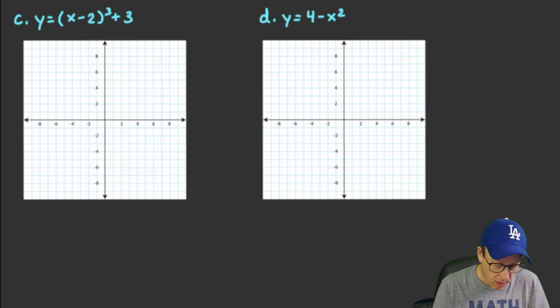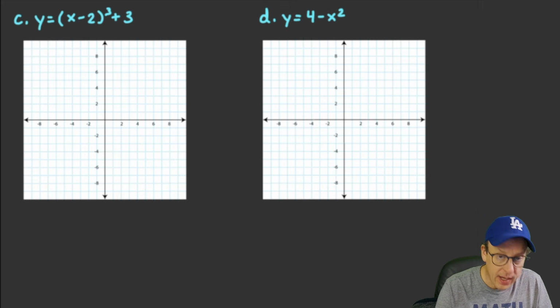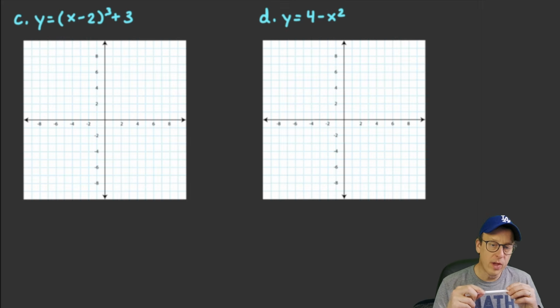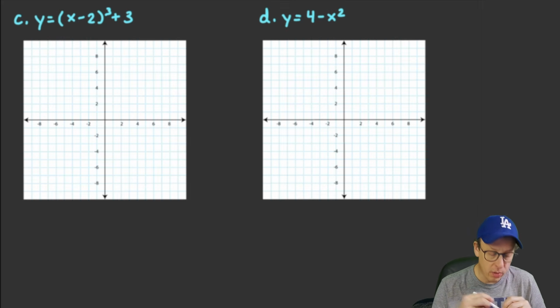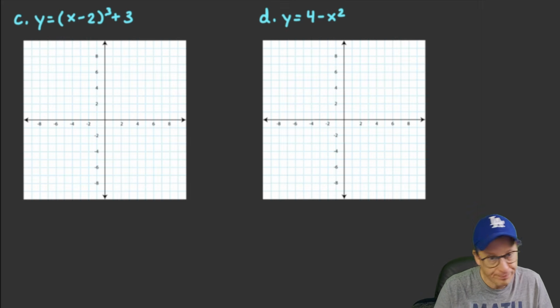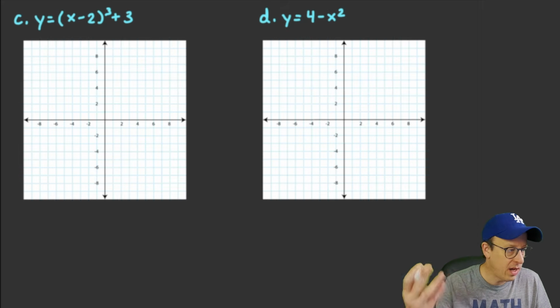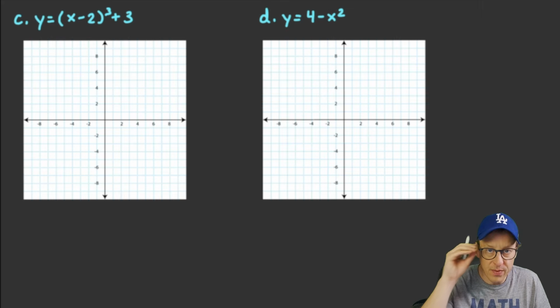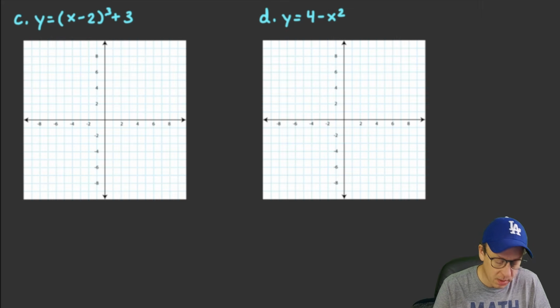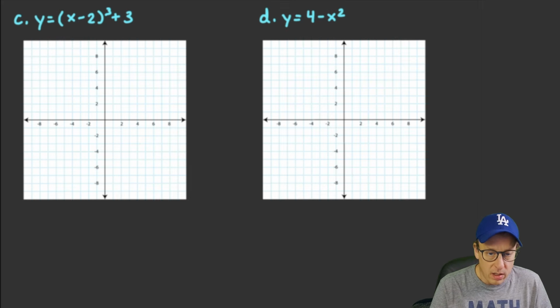Next problem. What's this telling me? It's telling me the same thing. It's saying that I'm going to move my graph right 2 and up 3. No problem. So I'm using that same function with the exponent of cubing it. Where's this going to go?